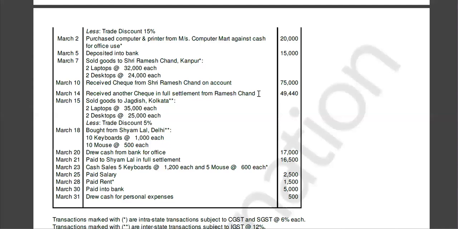Here also the same, but the discount is involved, because received another cheque in full settlement. 49,440 rupees instead of 50,000. So actually we allowed Ramesh a discount.